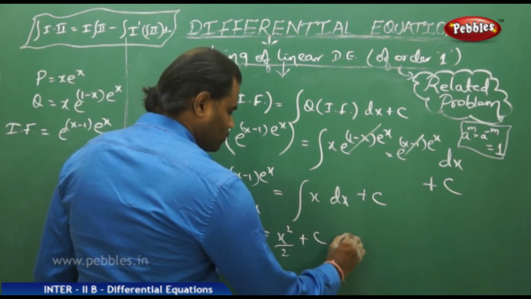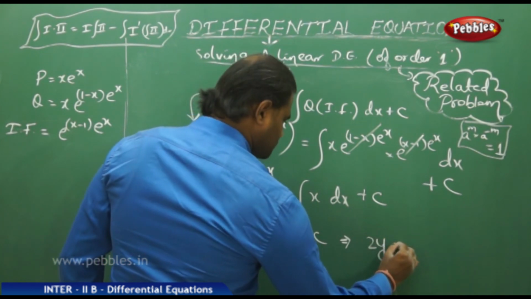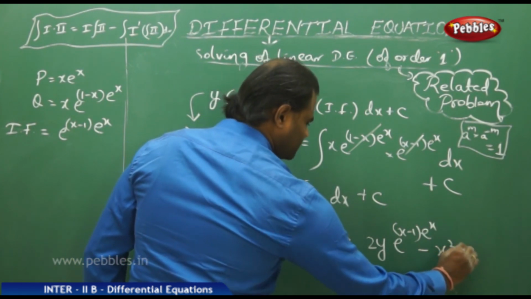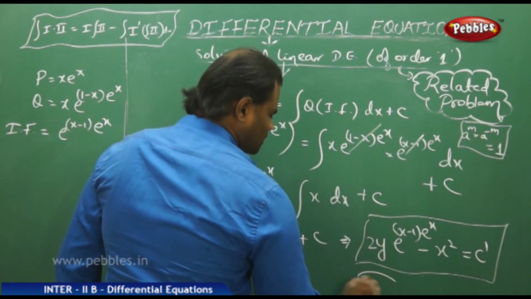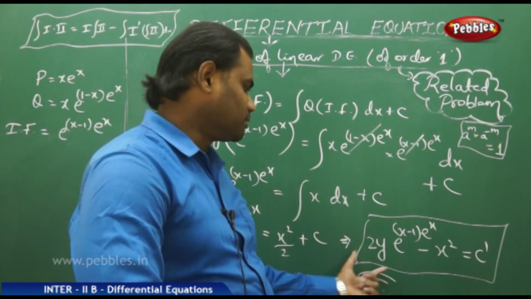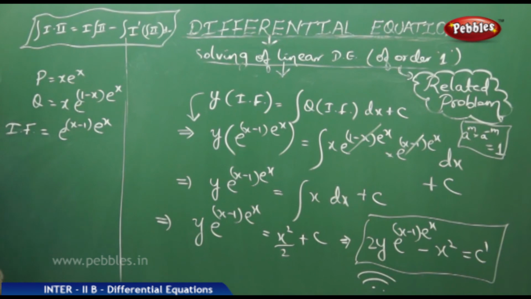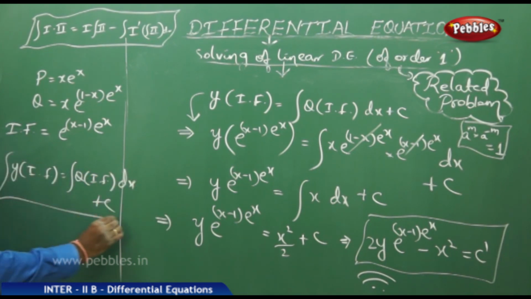To simplify this further, 2y e power x minus 1 e power x is how we obtain the solution of the given differential equation using the integration factor formula, which is given by y times the integration factor is integral q times the integration factor dx plus c.